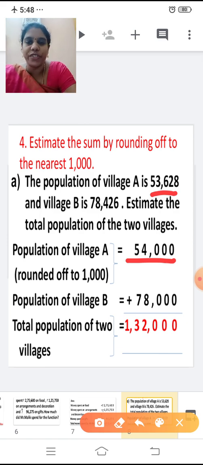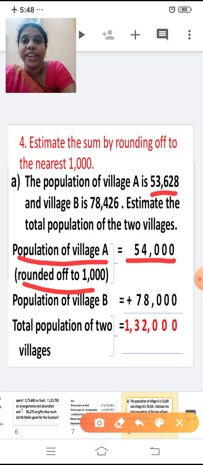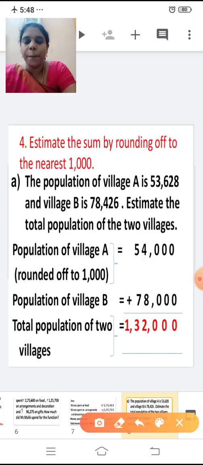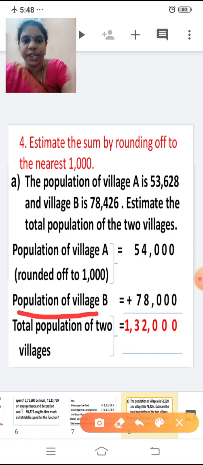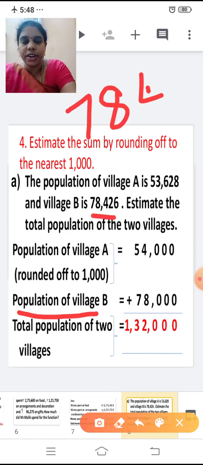I think you all know how to round off the numbers, right? So the population of village A, rounded off to the nearest 1,000, is 54,000. Now, what is the population of village B? 78,426.